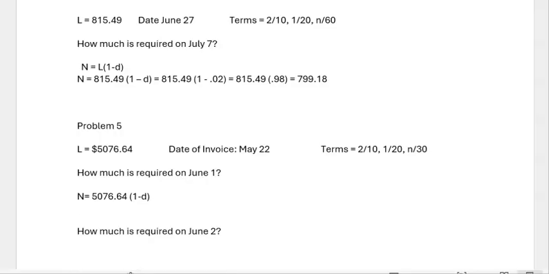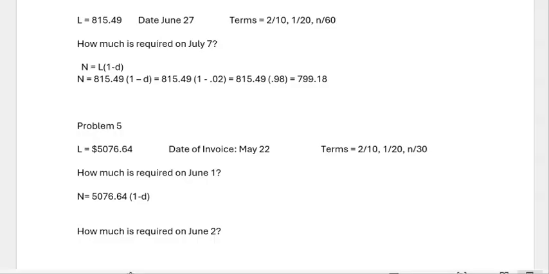The invoice is dated May 22nd. If you look at the question, they try to trick you a little bit: they got it in the mail on the 25th, but the terms are all based on the actual invoice date, which is the 22nd.